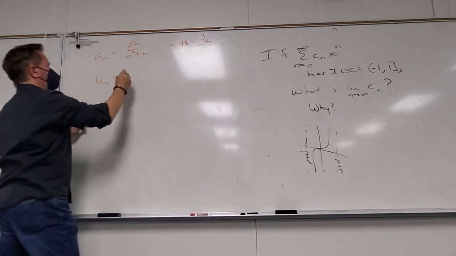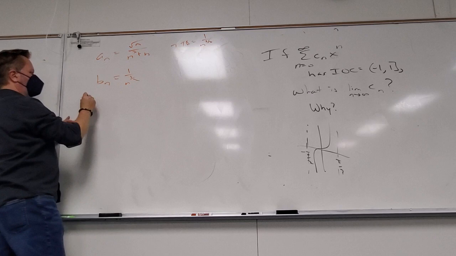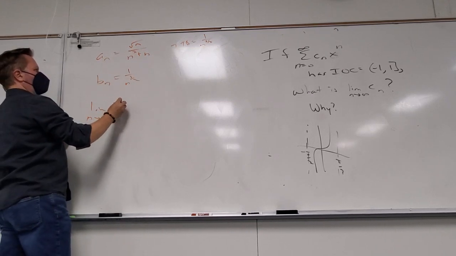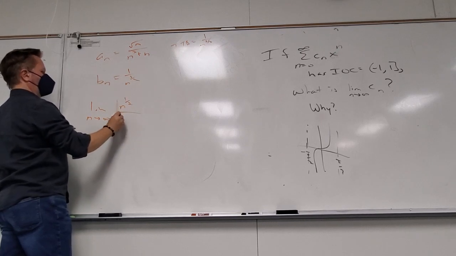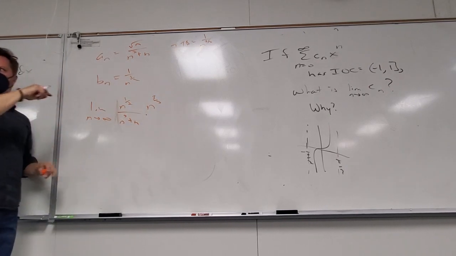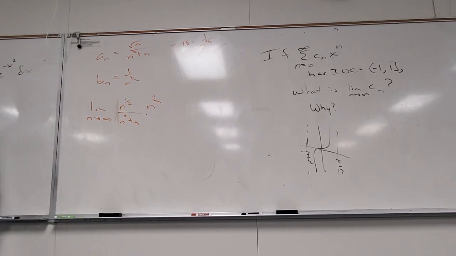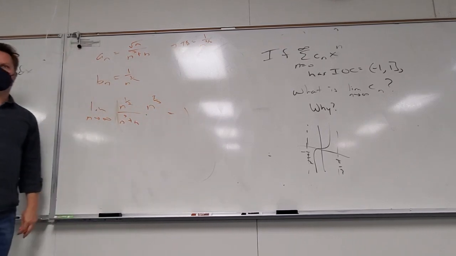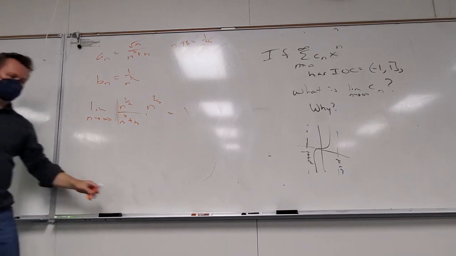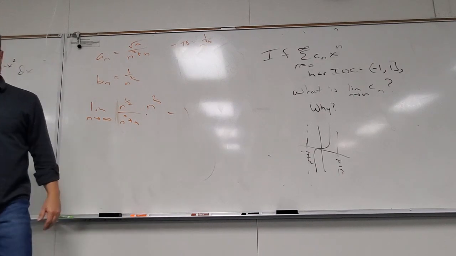So if you take b_n as 1 over n to the 3 halves and set up the limit of the ratio of those two things, you'll get n to the 1 half over n squared plus n, times n to the 3 halves, and you see how that fills in? Isn't that nice? And then they're the same degree, so the limit is 1, which is between 0 and infinity, so therefore they do the same thing. And you don't have to worry about the inequality going the right direction, all that kind of stuff. You with me? But I just did direct comparison, because to be honest, on this problem, direct comparison is much faster.